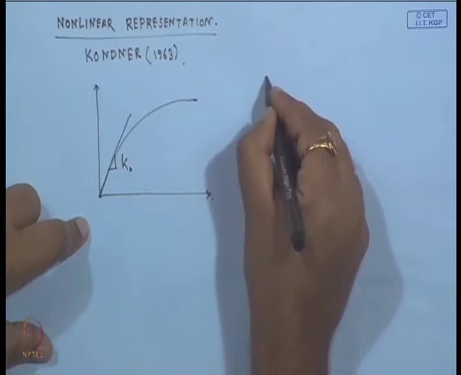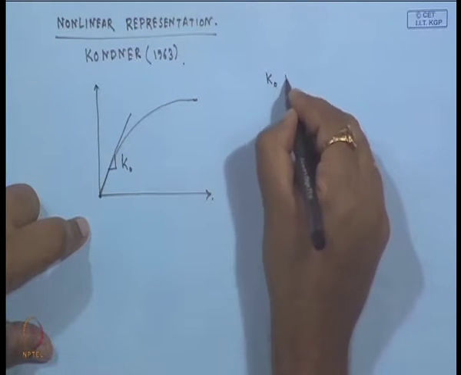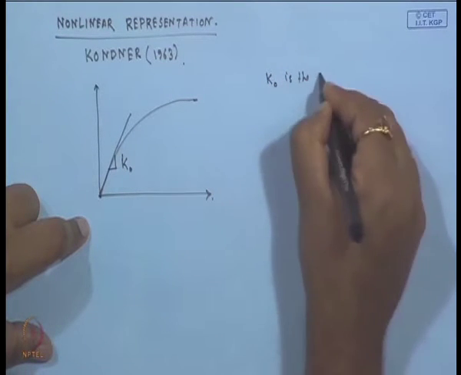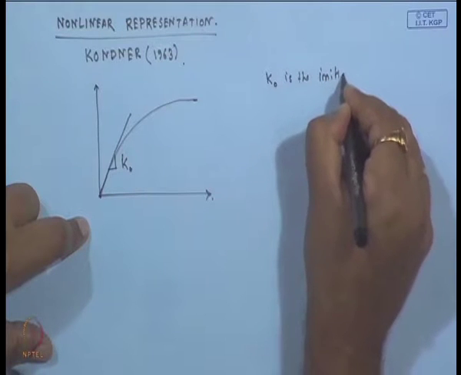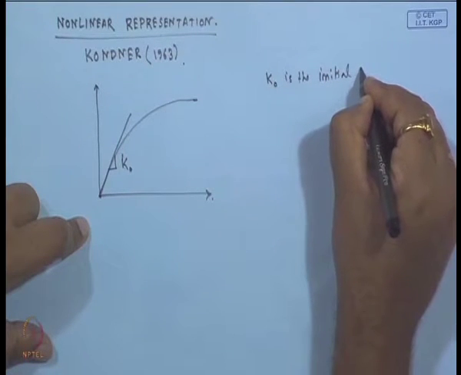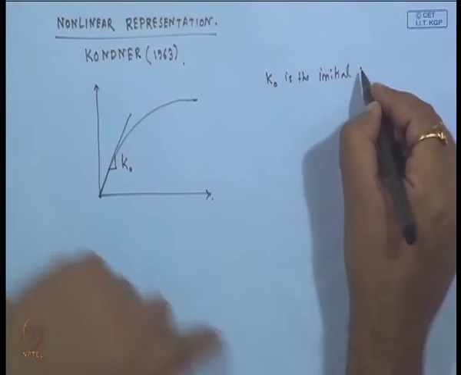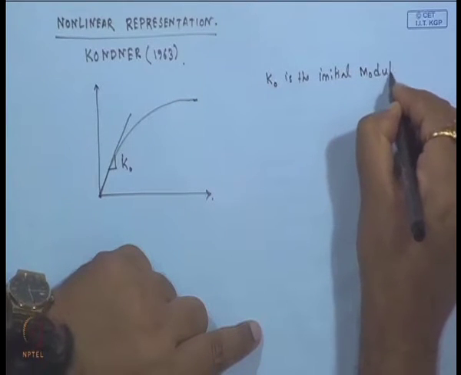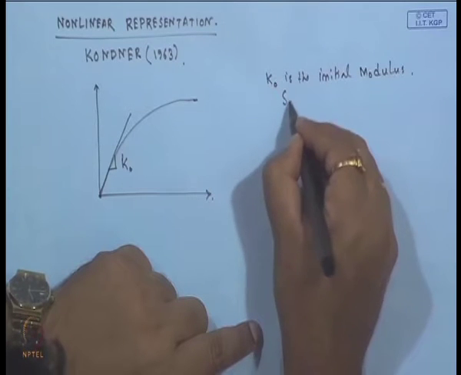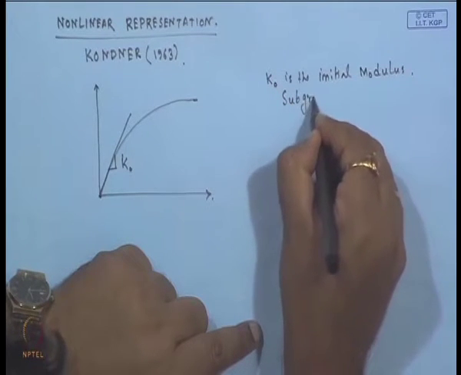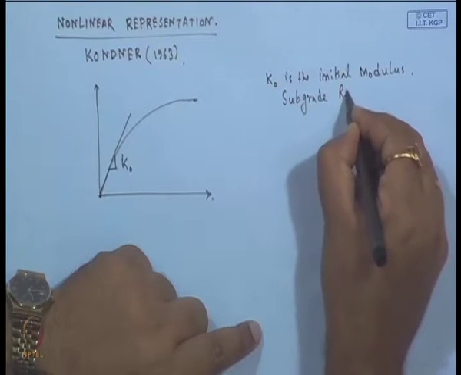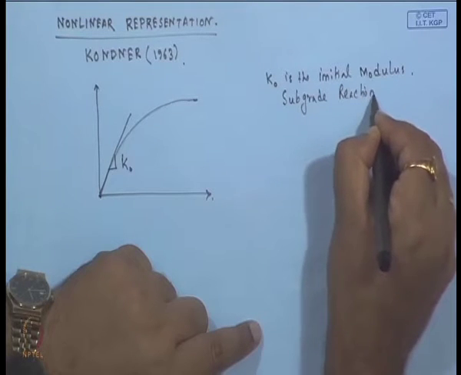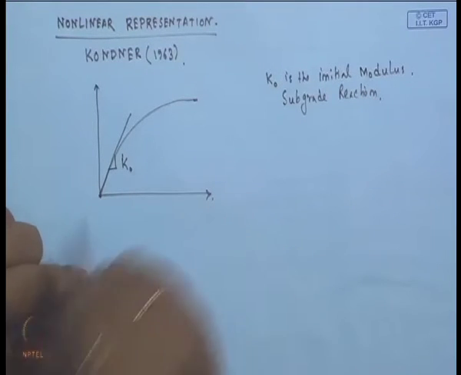So, K0 is the initial modulus of subgrade reaction, or initial spring constant.